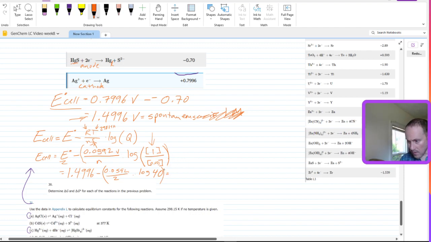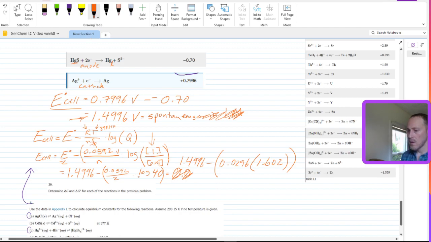So the log of 40 is 1.6. 0.0592 divided by 2 is 0.0296. That's what the log of 40 is.